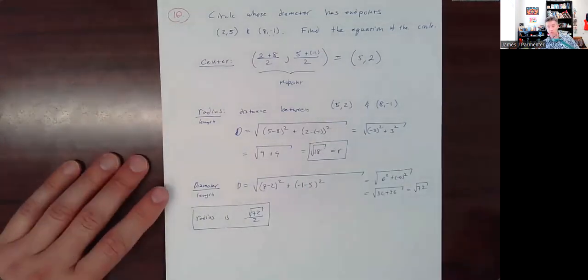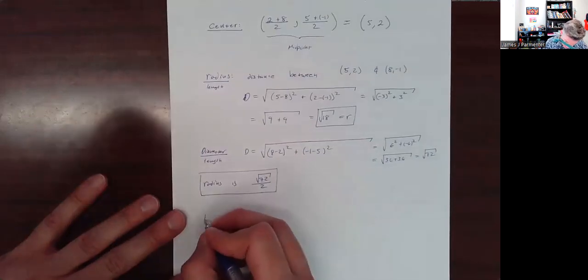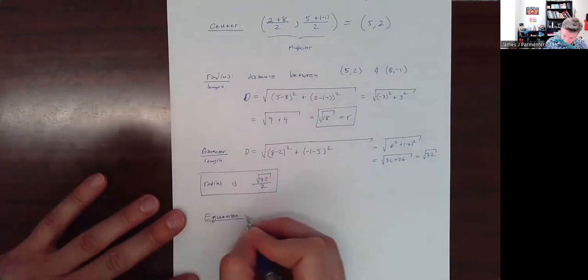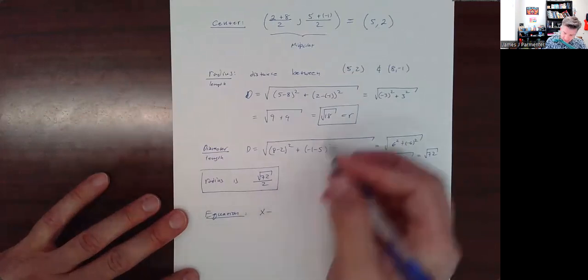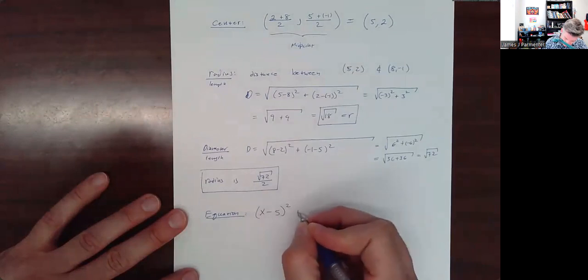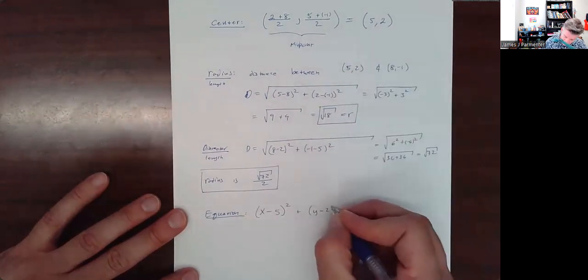And then we're not done, right? We found the center, we found the radius, now we have to write the equation. So the equation, and I'll do it both ways. Using the radius I found here, the equation is going to be x minus the x coordinate of the center squared plus y minus the y coordinate of the center. I wish I had made one of those negative, but I didn't.